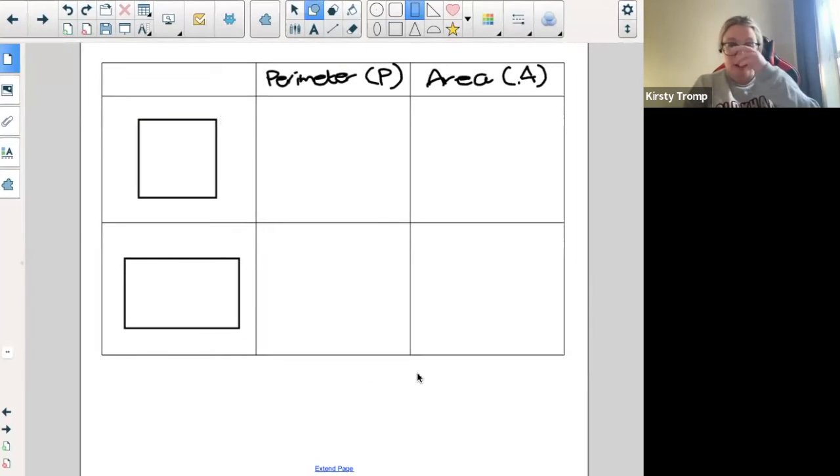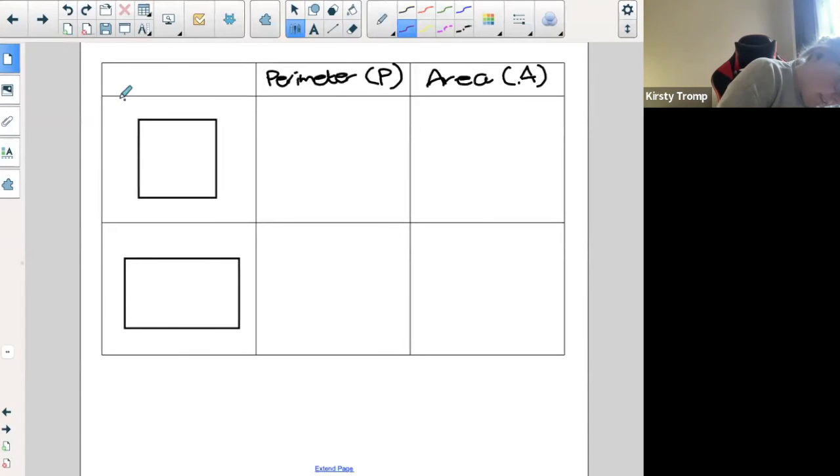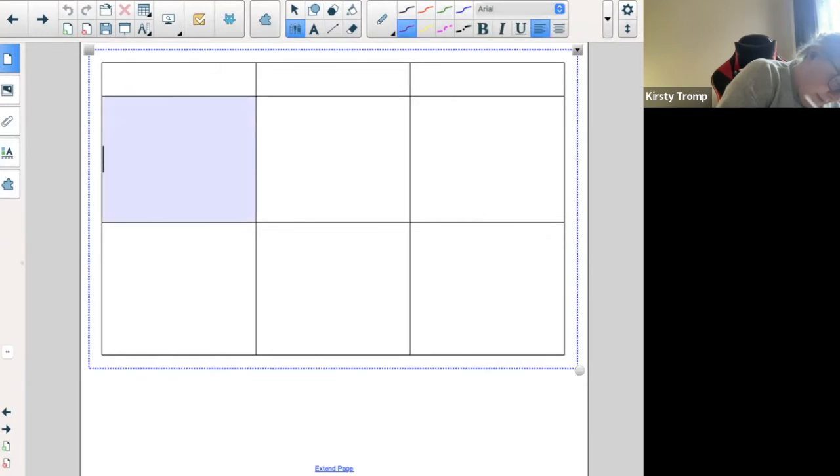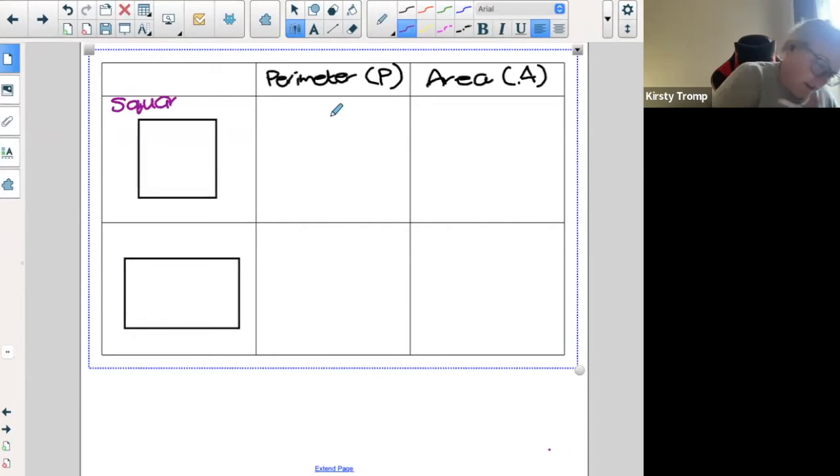All right, so there's a nice little table for you. Okay, you're going to draw your table in. Oh, yeah. What happened to my whole drawing? Oh, no. Oh, there we go. This is my square. And this is A.